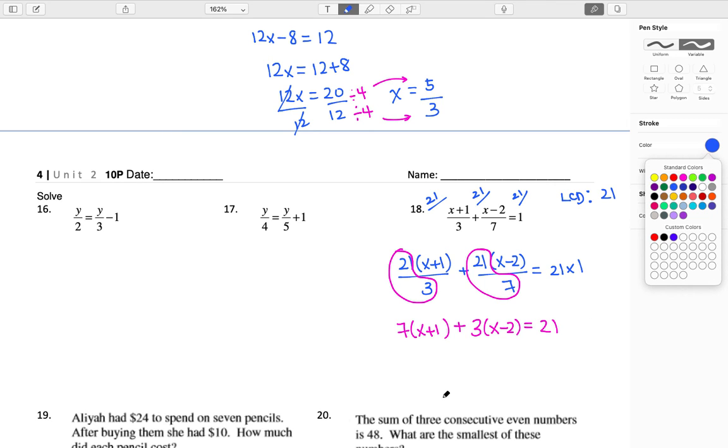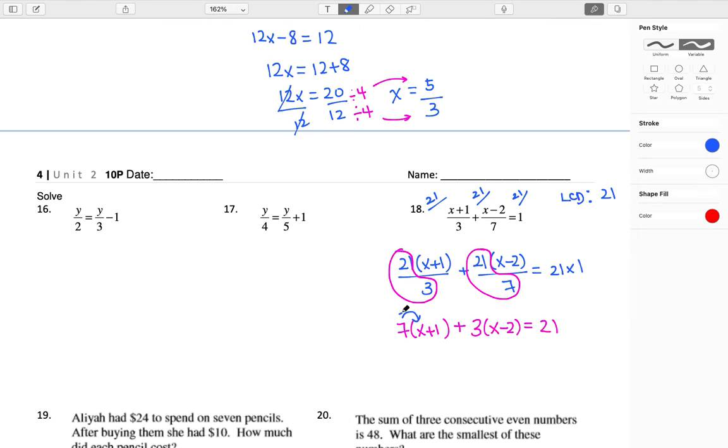So this is a good method because we get rid of the fraction. And we're back to the basics, where we distribute. And I'm going to collect the like terms. 10x plus 1 equals 21.